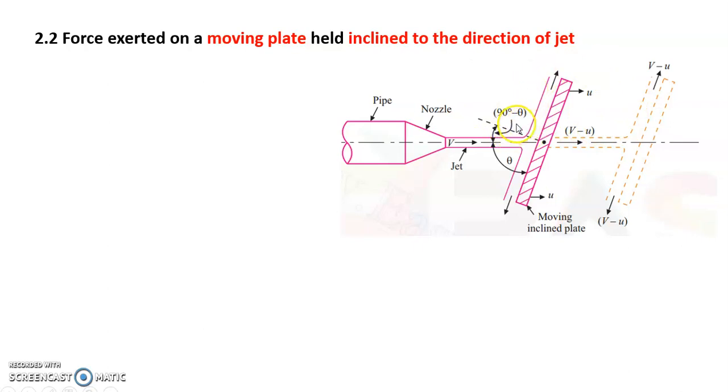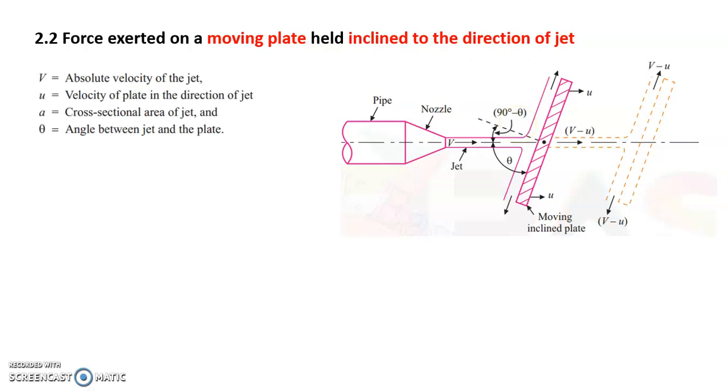Now, if this is theta, we say Fx is Fn sin theta and Fy is Fn cos theta, because the theta is somewhere here. So let us proceed with the derivation now.